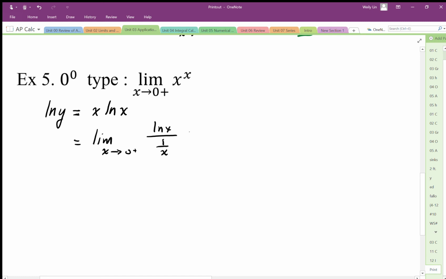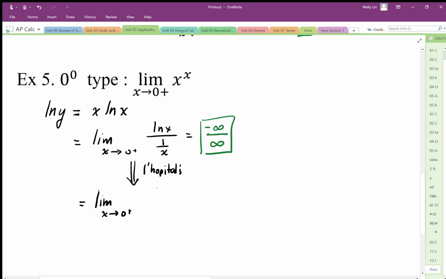So I have my condition to use L'Hopital's rule. I'll make sure that's highlighted in different colors. So this is negative infinity over positive infinity, and there's my condition. I'm going to apply L'Hopital's rule. Using L'Hopital's, I end up with the limit as x goes to 0 from the positive side.